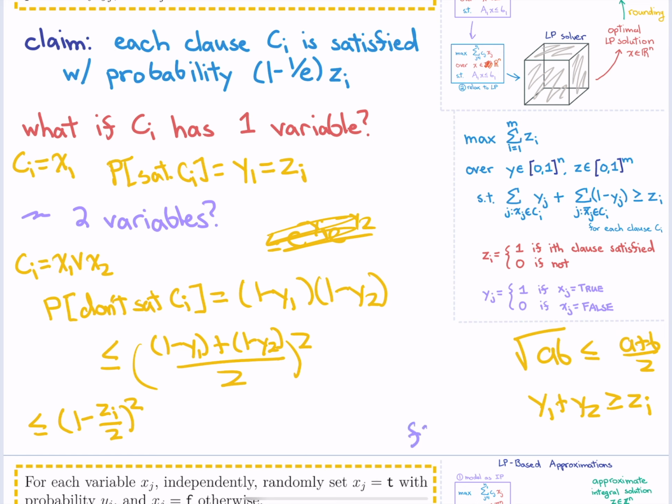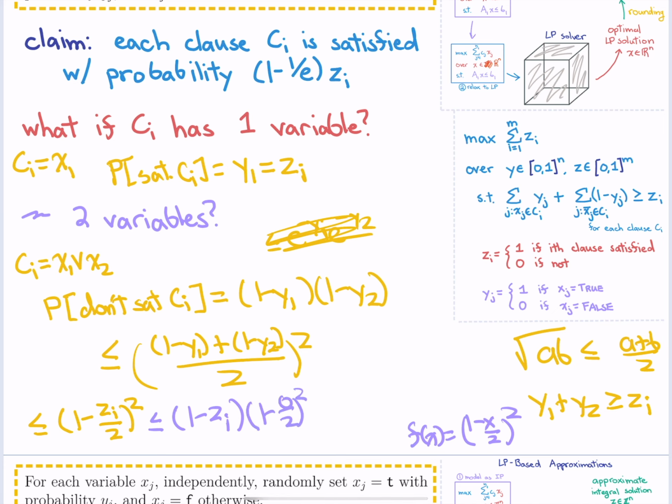The function f of x equals (1 minus x over 2) squared, which is where zi sits, is also a convex function. So I can do the same line-above-the-curve inequality that we did earlier, which would give us 1 minus zi times the value at 0, (1 minus 0 over 2) squared, plus zi times the value at 1, (1 minus 1 half) squared.